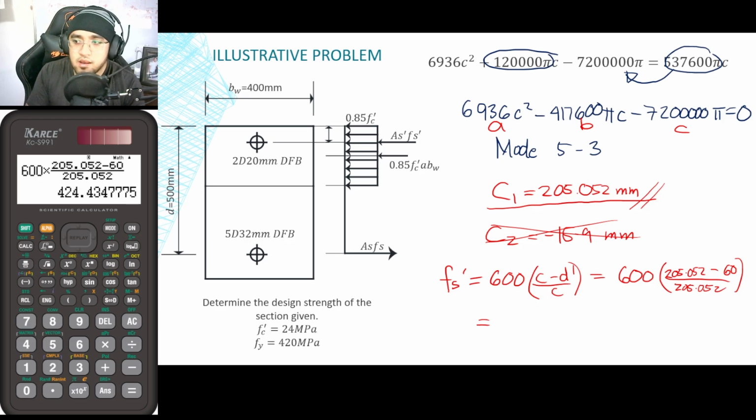So as you can see that our Fs prime is now equal to 424.435 megapascal. And as you can see, it is way past our limit of Fy. So meaning my assumption is actually incorrect.